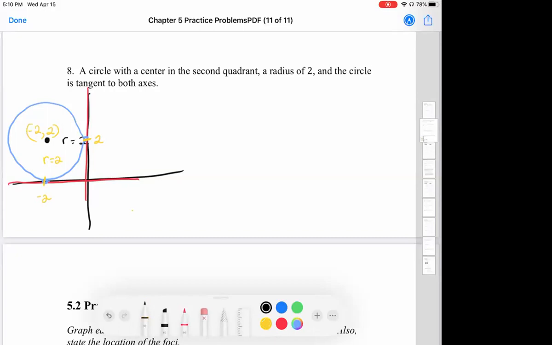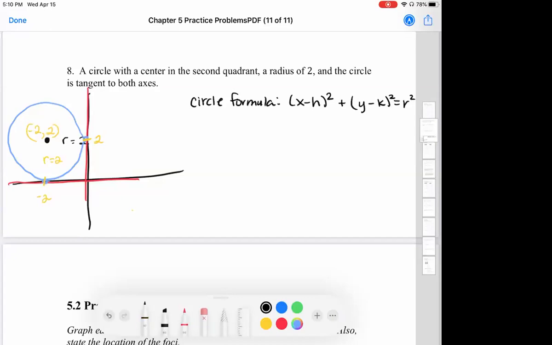So my formula for my circle is x minus h squared plus y minus k squared equals r squared.